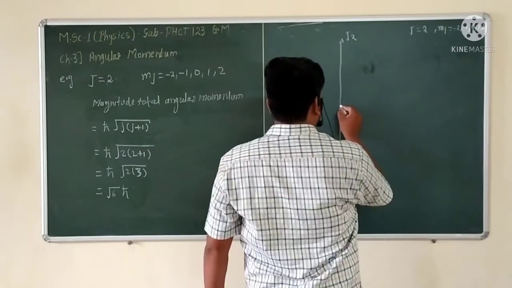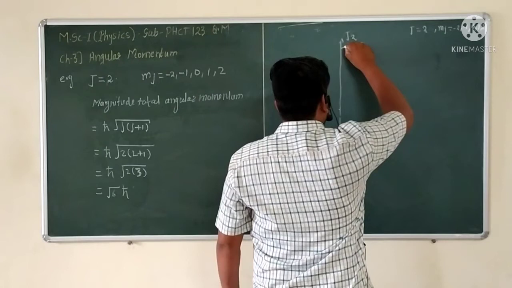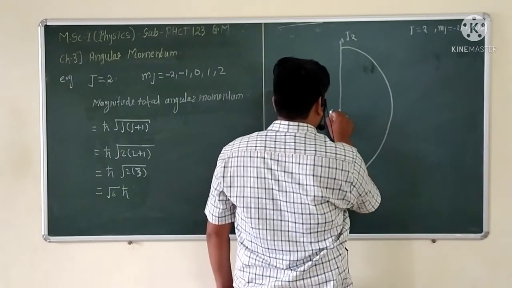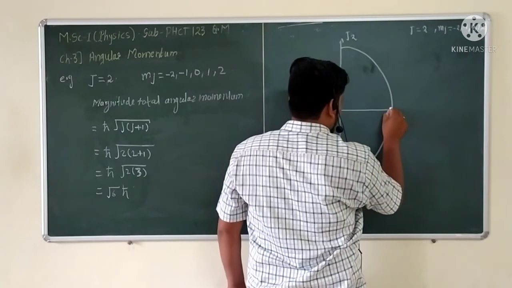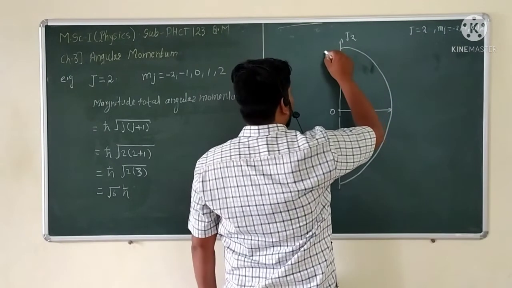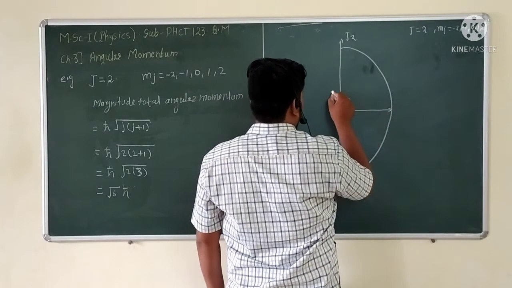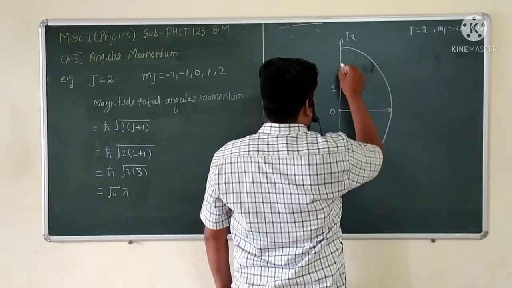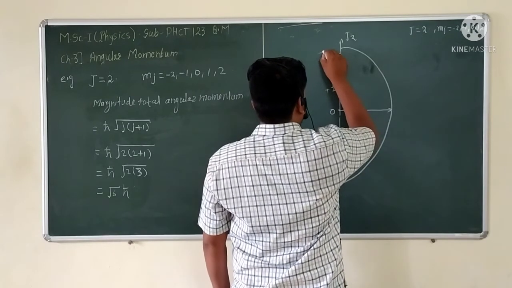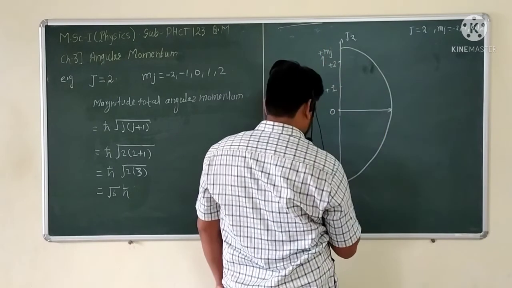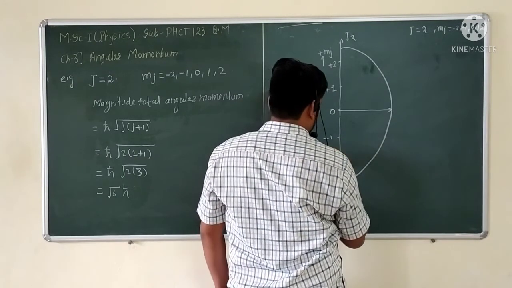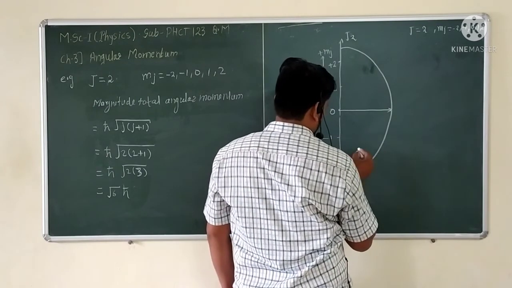So see here, that is the rotation of the total angular momentum. The middle of this is the 0, or this is the representation of this j-axis, okay. For plus mj value, we take here +1 and here +2, okay. This is the plus mj value, and here the minus mj value, which is -1 and -2, okay.